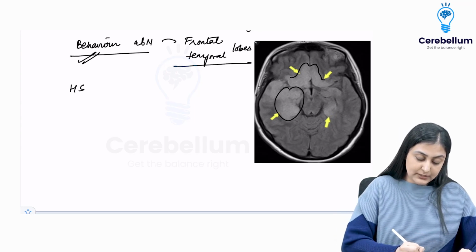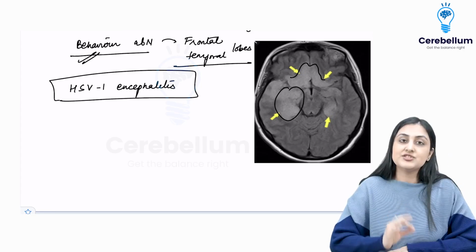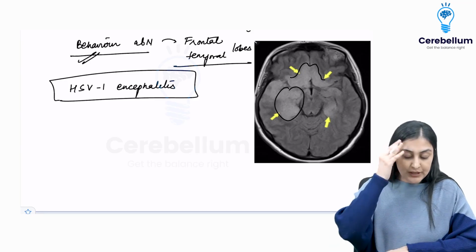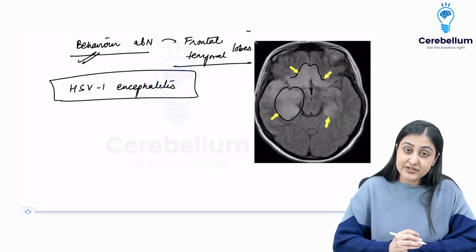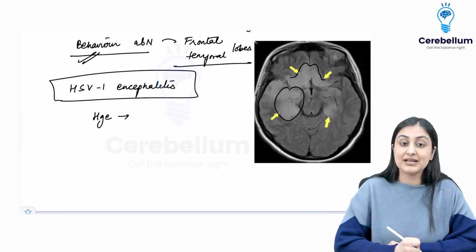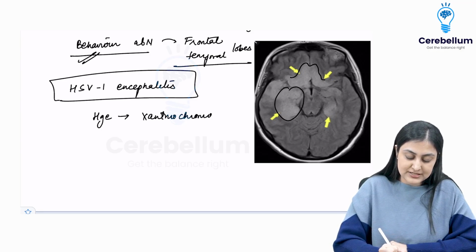And what I am talking about is herpes simplex encephalitis. So this is HSV encephalitis, and HSV1 is the more common agent to be implicated here. Okay, one more special feature of HSV encephalitis is the fact that there can be hemorrhage here. So there's the hemorrhagic encephalitis. So you can have associated xanthochromia when you do a CSF tap, or you can see presence of RBCs.